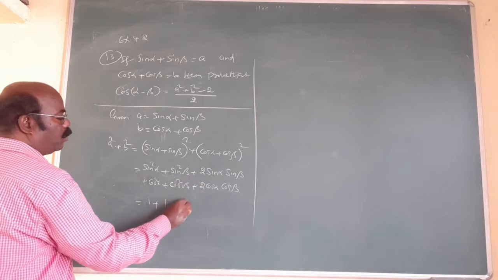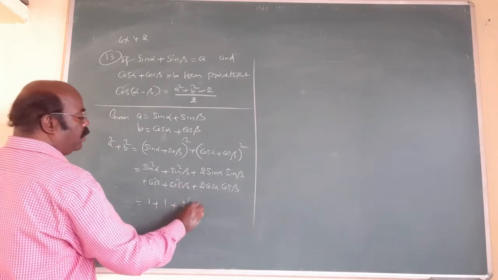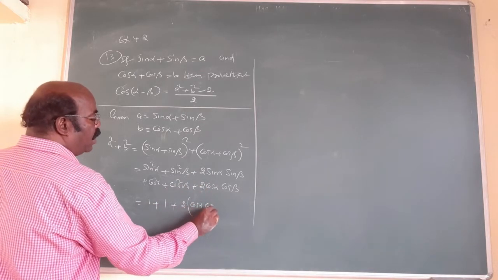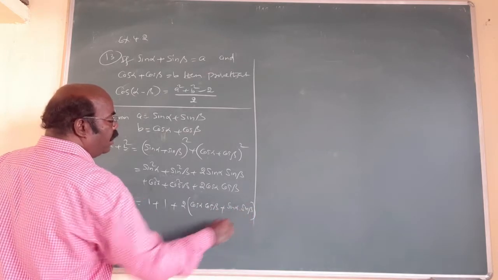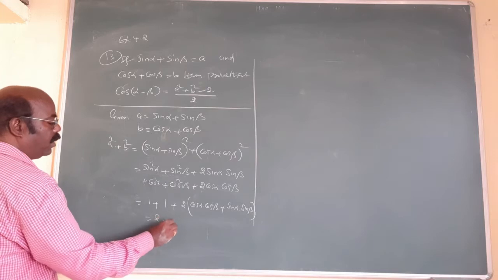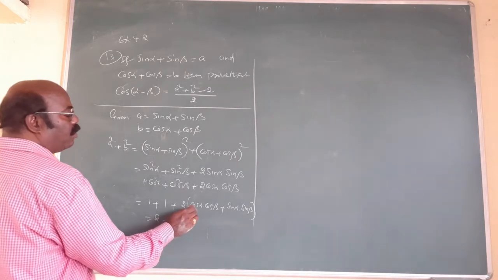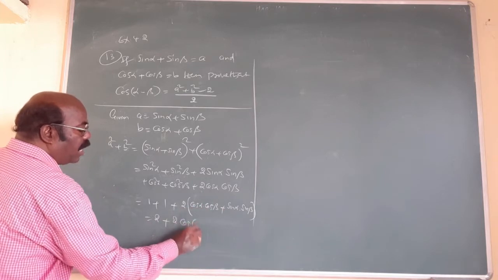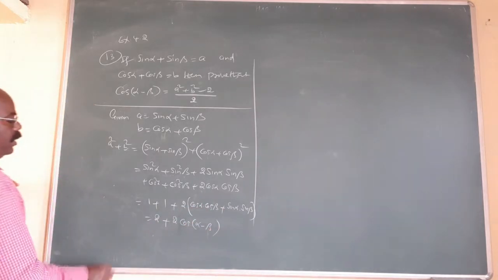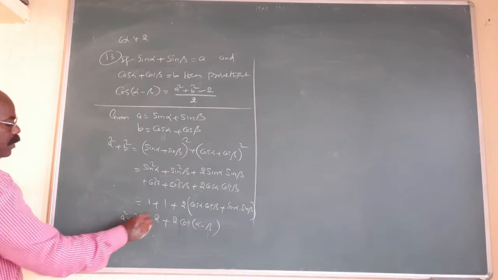Out of the remaining two terms, 2 is common. What remains? Cos alpha cos beta plus sin alpha sin beta. So 1 plus 1 plus 2 into, it is of the form cos A cos B plus sin A sin B. What is the formula? Cos of A minus B. Am I right? Replace: what is it? A square plus B square.